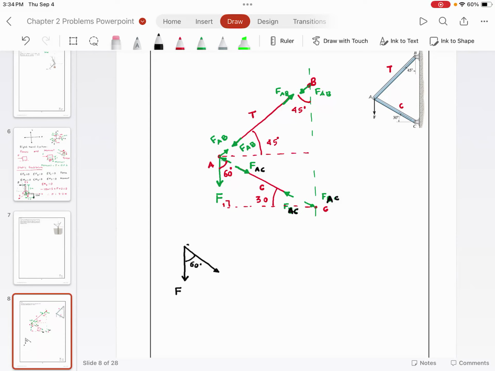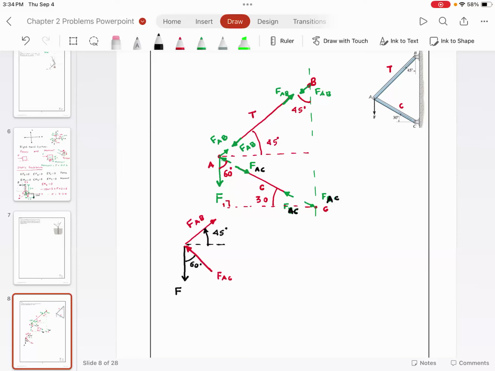And you have one more force. This force is up. One more force. This is FAC. And you have this force, FAB. So this angle is 45 degrees. Are you with me so far?